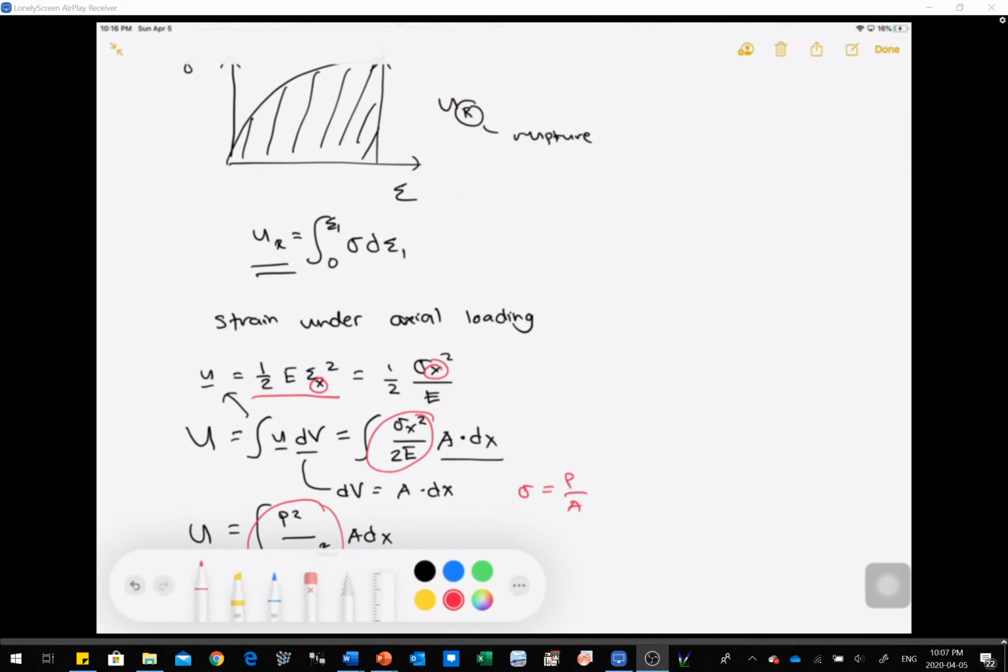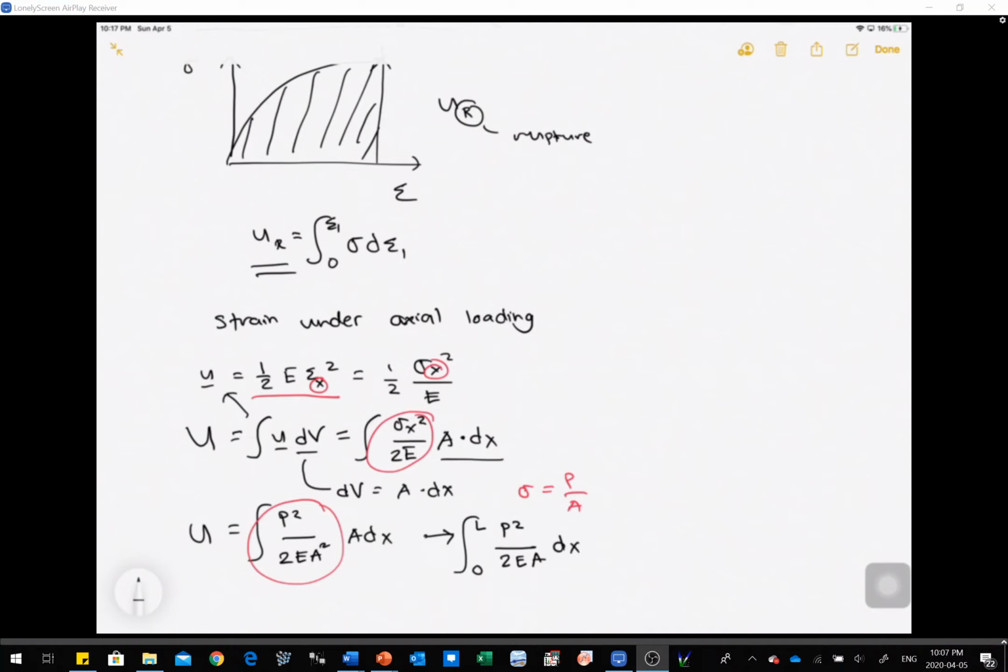So we have that specific form. Now we can also say that this strain energy can be calculated from 0 to L, so from the 0 position of your member up to length L, P squared over 2EA dx. Now, if we solve this integral right here, we are left with P squared L over 2EA. Now, that's the equation to get the strain energy if we have axial loading.